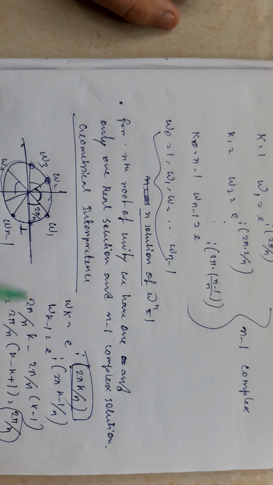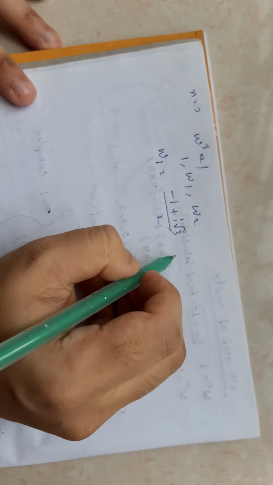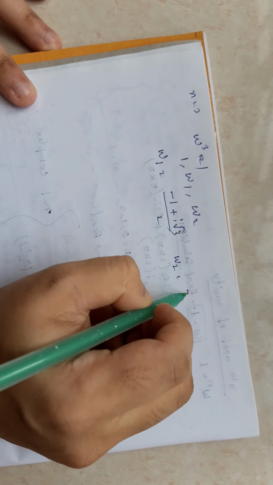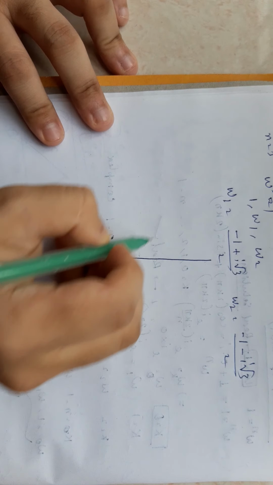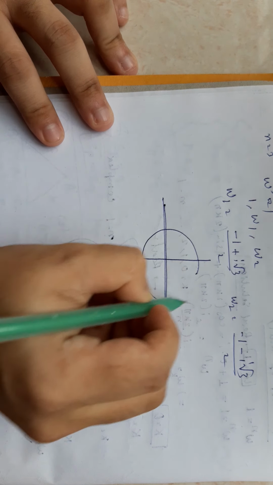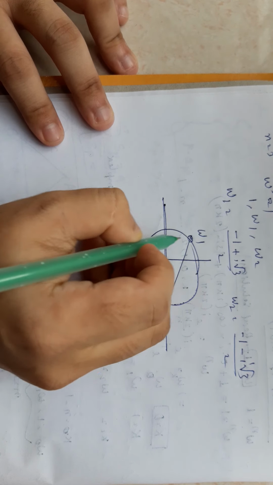Now if we consider n equals 3, then omega cubed equals 1, and the roots will be 1, omega 1 and omega 2. Omega 1 is minus 1 plus i root 3 by 2, and omega 2 is minus 1 minus i root 3 by 2. In the complex plane they are drawn like this: this is 1, this is omega 1, this is omega 2.